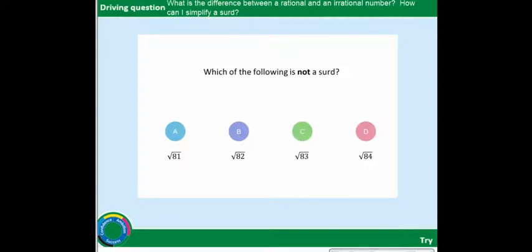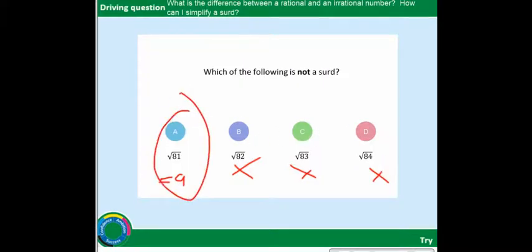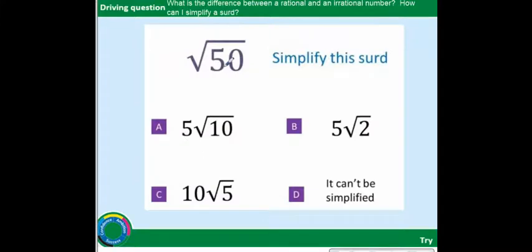Which of the following is not a third? The square root of 81 is 9. We can't square root, but we won't get a whole number if we square root these 3 numbers. So these 3 are thirds, and this one is not a third. Simplify root 50. So that would be root 25, root 2, which is 5 root 2.